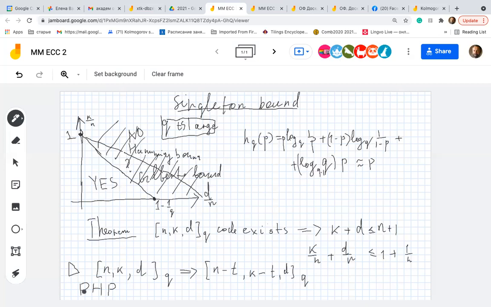In English, they call it the pigeonhole principle, and it states that if we have k pigeons and k minus 1 holes, and every pigeon sits in a hole, then there is at least one hole in which there are two pigeons. Or more generally, if there are n pigeons and k holes, then there is a hole in which there are at least n over k pigeons.